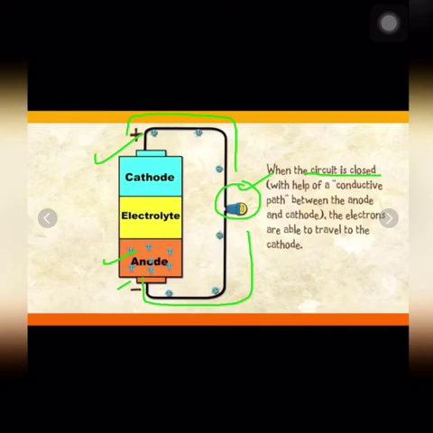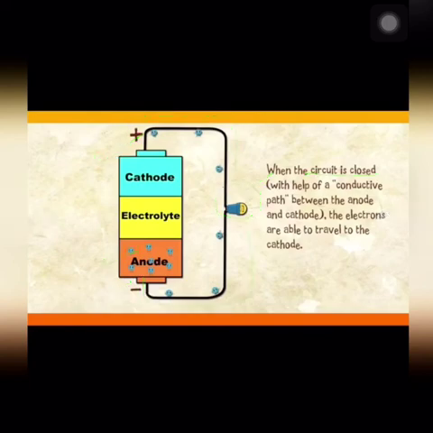So I hope this is clear to you, how the potential difference is created by the battery or the cell, and how the electrons move from one terminal to the other terminal.